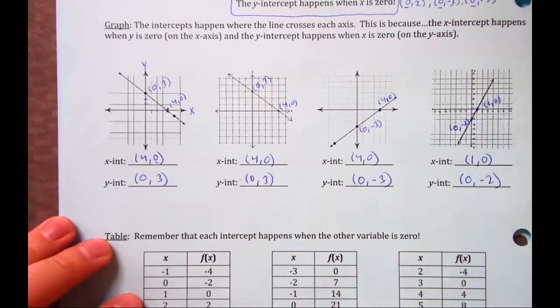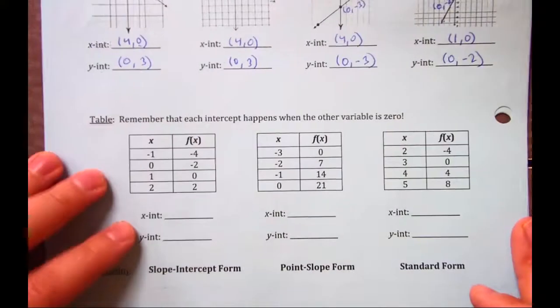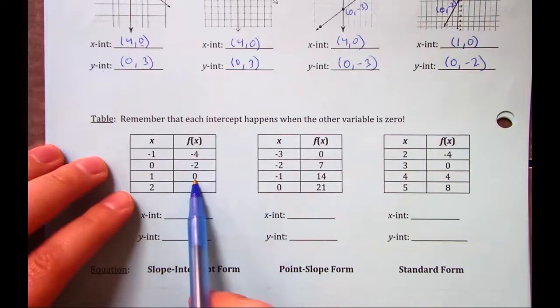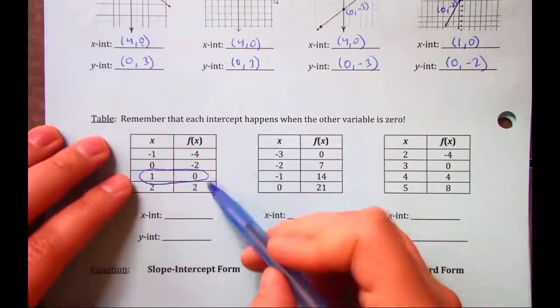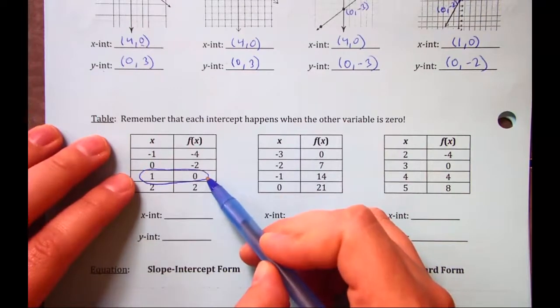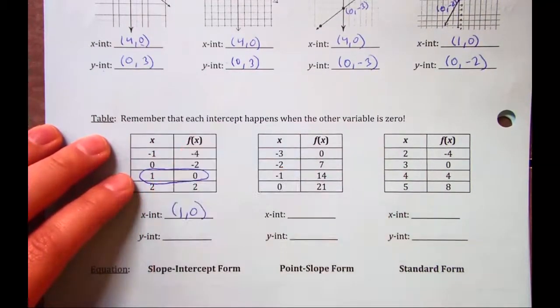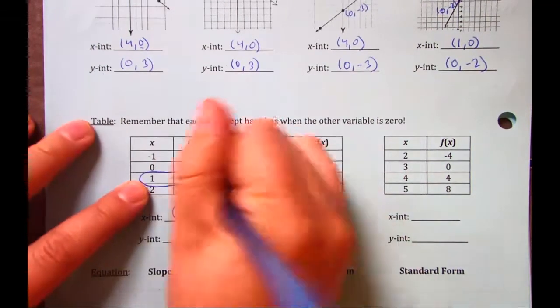So if we look at this table right here, if we want to find the x-intercept, we're just going to find the spot when y is 0. So that would be right here. This is a spot that would fall on the x-axis because it has a 0 for the y-coordinate. So that is going to be our x-intercept. And the y-intercept happens when x is 0.